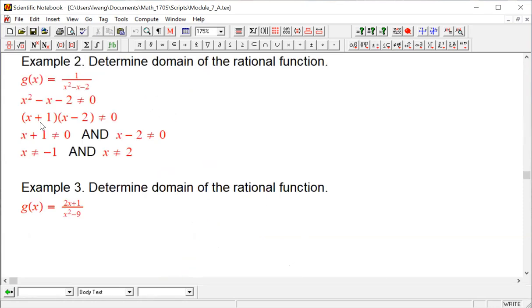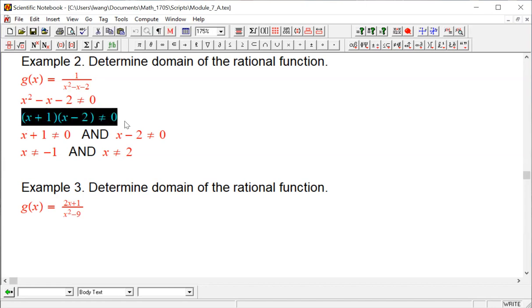Let's look at the second example. In the second example, we're only going to determine the domain of the rational function. About the range of this function, you will get to learn this in future courses. To determine the domain, we set the denominator not equal to 0, and we factor.